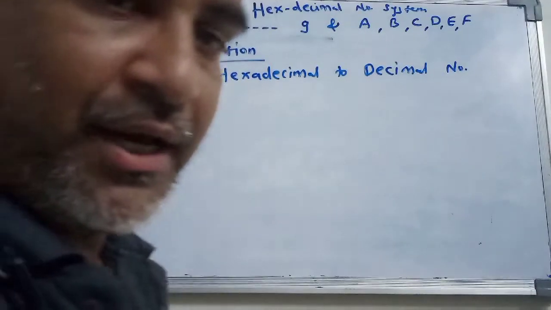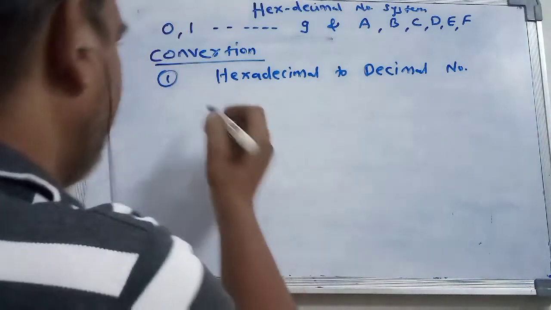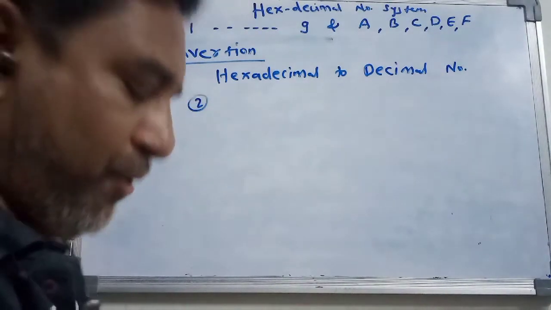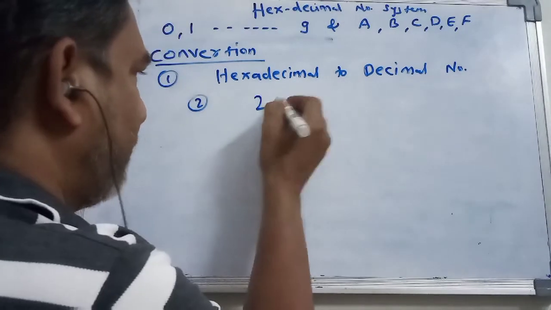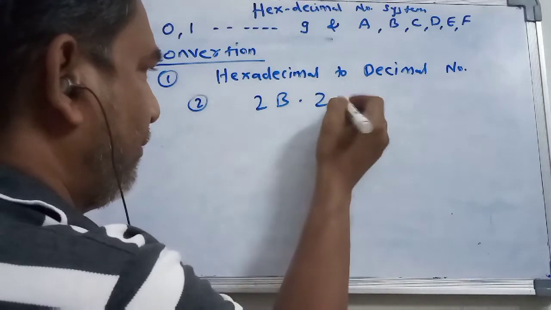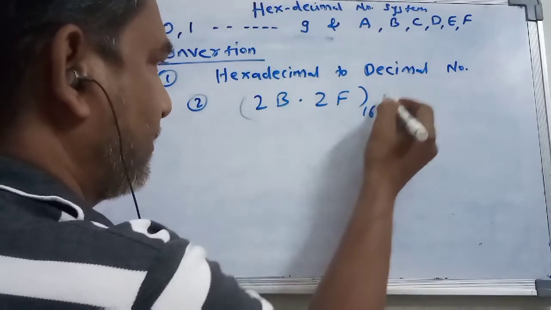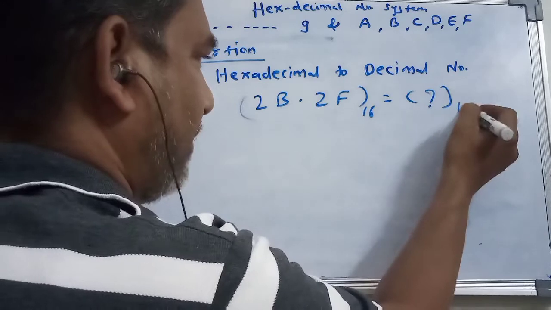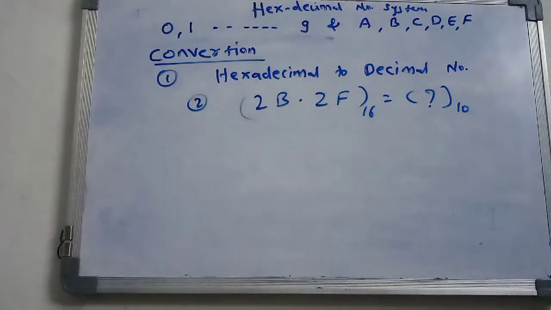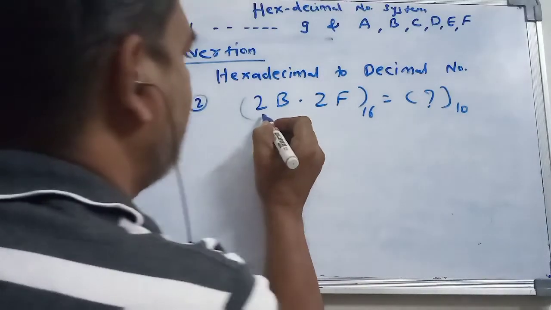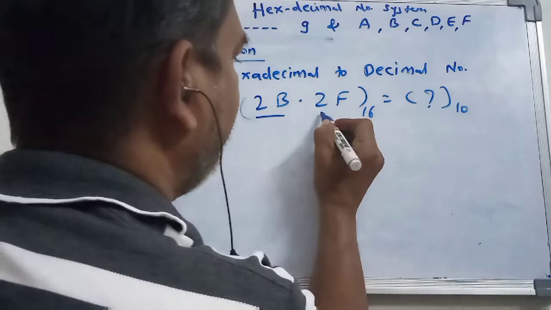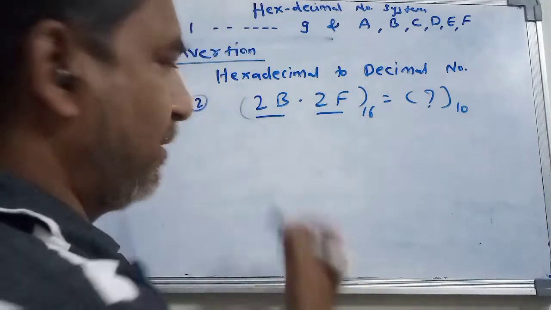is of both the integer and the fractional number. Second example, you have that number, suppose it is 2B dot 2F with a base 16 is equal to question mark with a base 10. Now if you have this type of problem, then very first you have to solve the integer number and then you have to solve the fractional number.